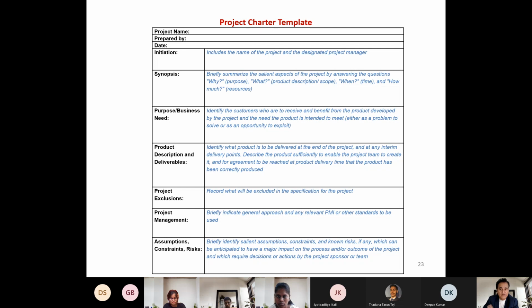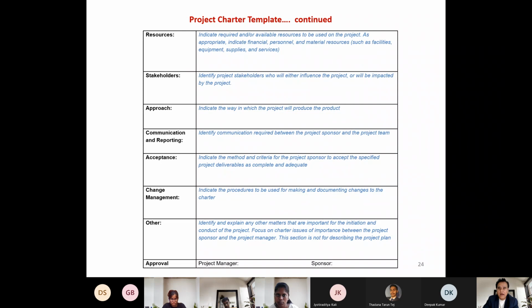Always remember, dates are very important in project management. It looks very simple and silly, but dates are important. Then you write why you have initiated this, a synopsis of your plan. I'll take you through it a little later, but at this point you see it's a 2-page template. That's what we will practice today.